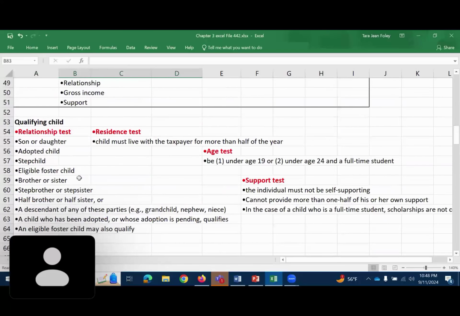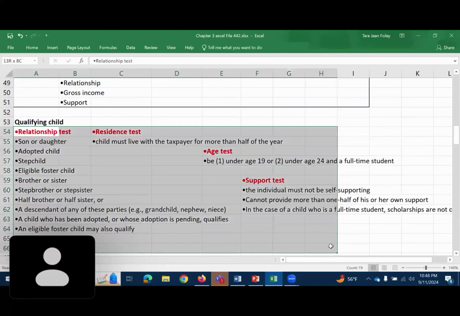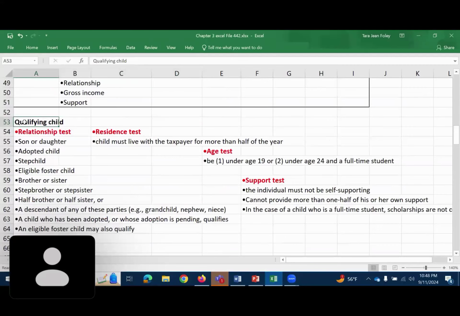I might have a child and they meet the relationship test. They meet the residency test. They meet the support test, but they don't meet the age test. If they don't meet all the tests, then they're not a qualifying child.